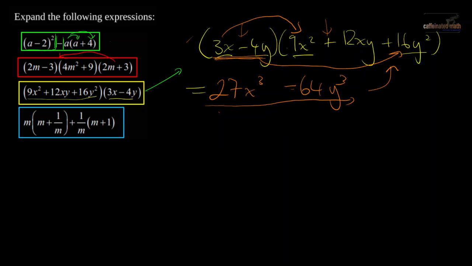Well, for our final expansion, let's have a look at what we have in blue. So that's m multiplied by m plus 1 over m, times 1 over m multiplied by m plus 1. Now I'm tempted to do something funny, however let's rather not.